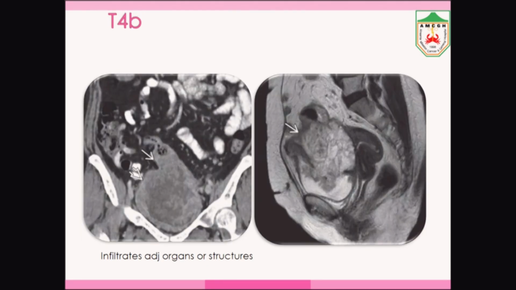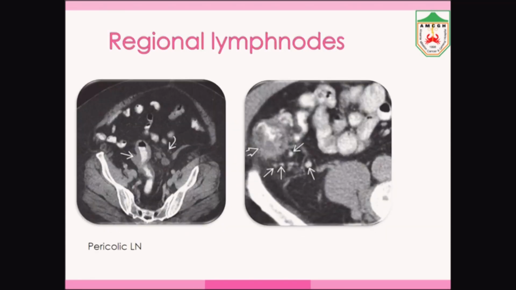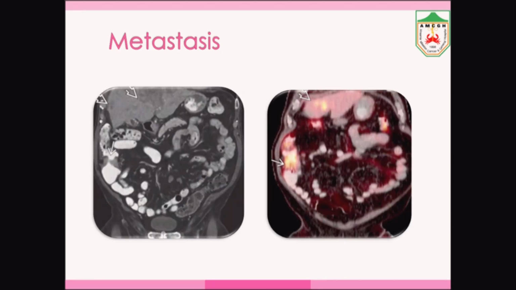This is a T4b lesion, which infiltrates the adjacent structure and is invading into the urinary bladder. These are the nodal pericolonic lymph nodes, which may vary in size. This is metastasis involving the ascending colon and distant metastasis to the liver.